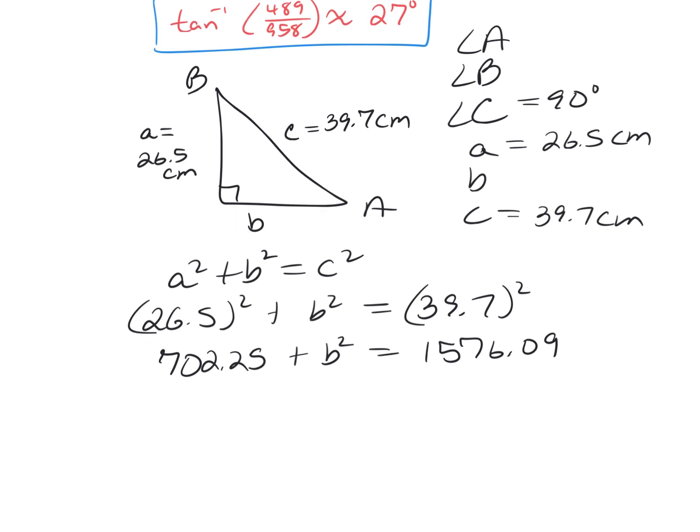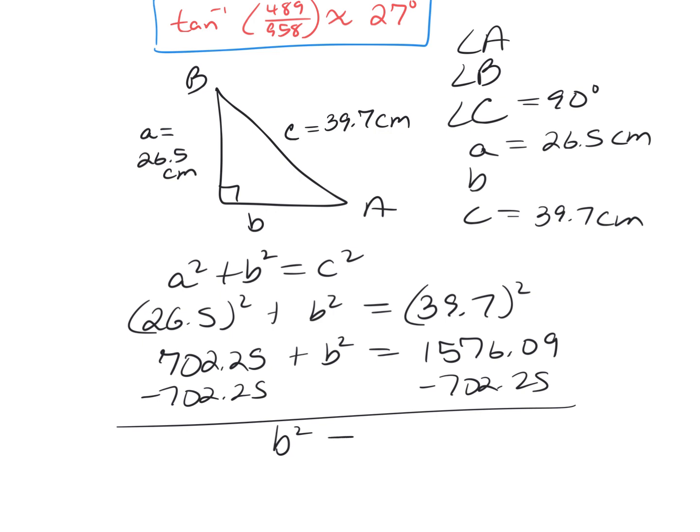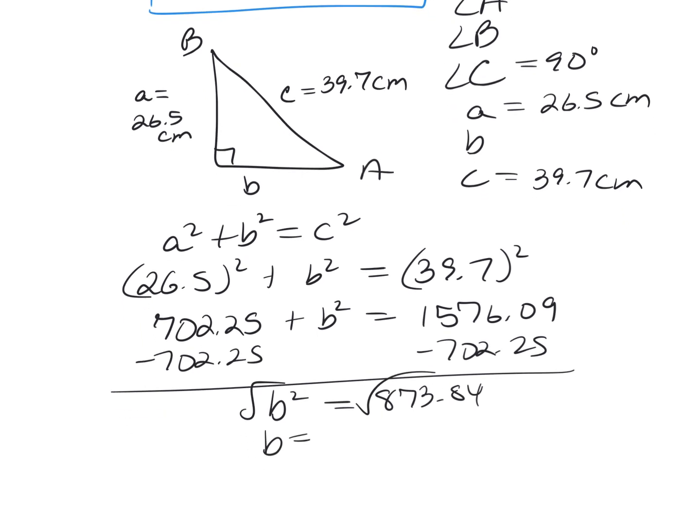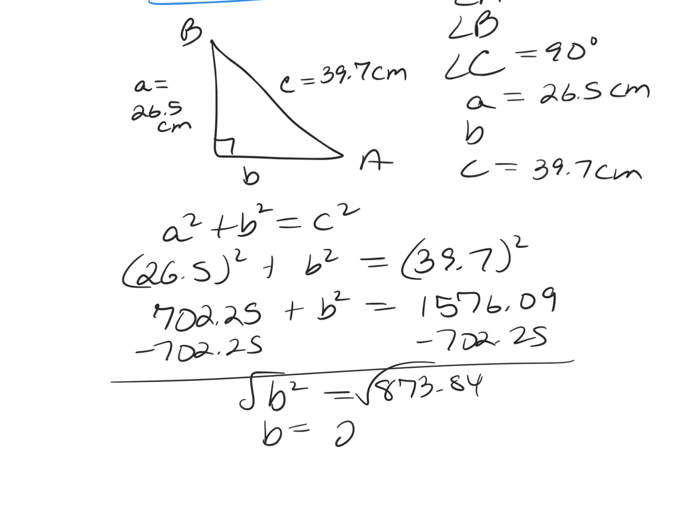I need to isolate b squared, so subtract 702.25. B squared equals 873.84. Square root it, round to the tenths place, 29.6. And these were centimeters. So that's our lowercase b.